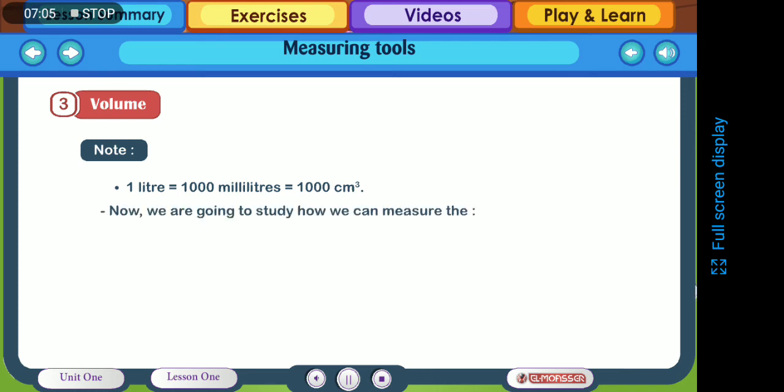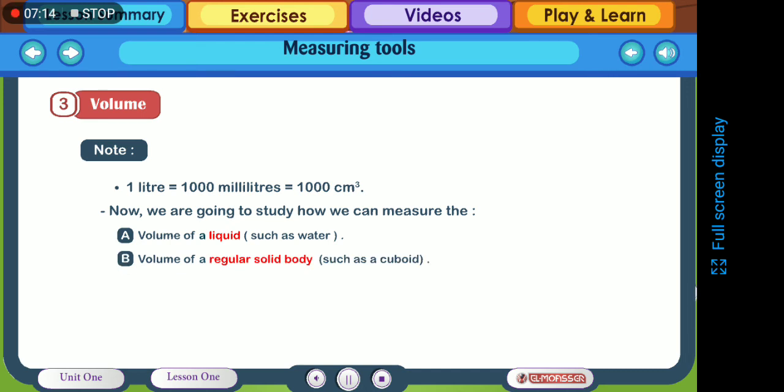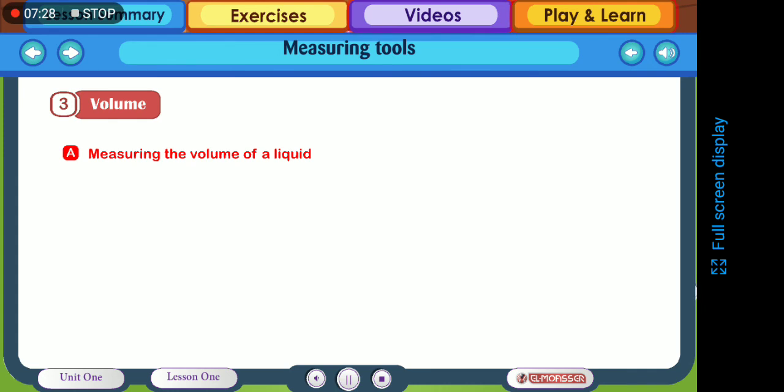Now we are going to study how we can measure the volume of liquid such as water, the volume of a regular solid such as a cuboid, and the volume of an irregular solid body such as a stone. Measuring the volume of liquid such as water by using a graduated cylinder.